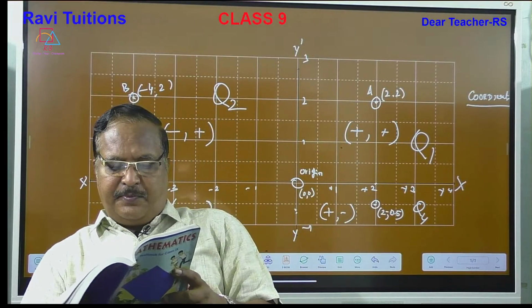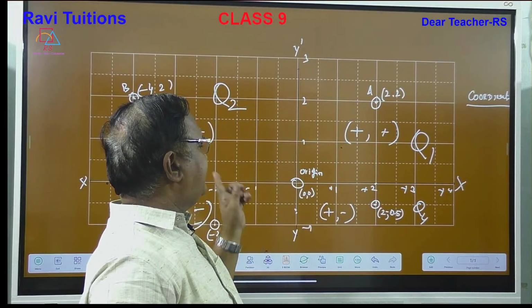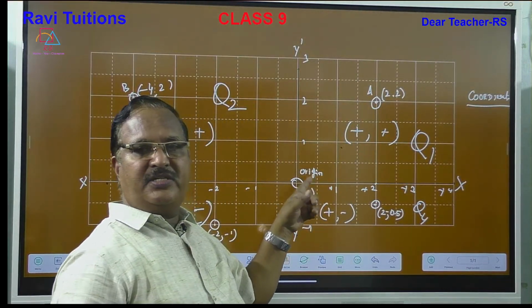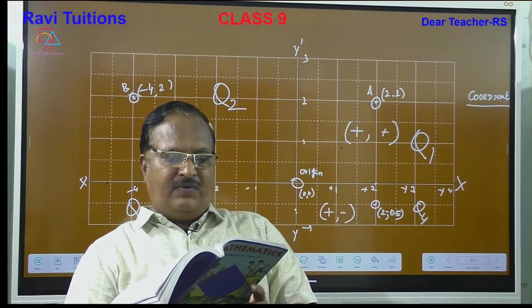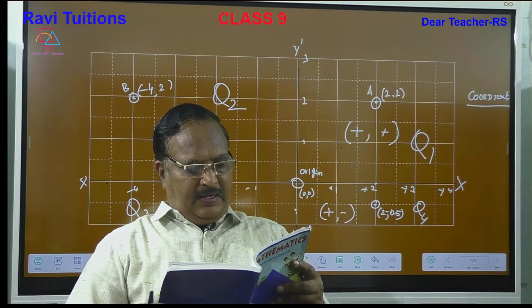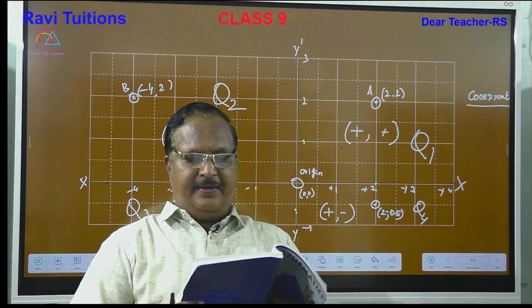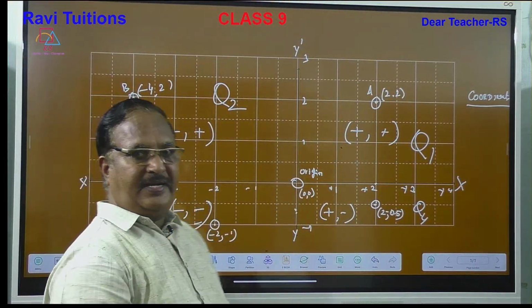Write the name of the point where these two lines intersect. The x-axis and y-axis intersect at the origin, so the origin is 0, 0. In 3.14 he has given a diagram. Second question: what are the coordinates of B? I have just explained how to write the coordinates.